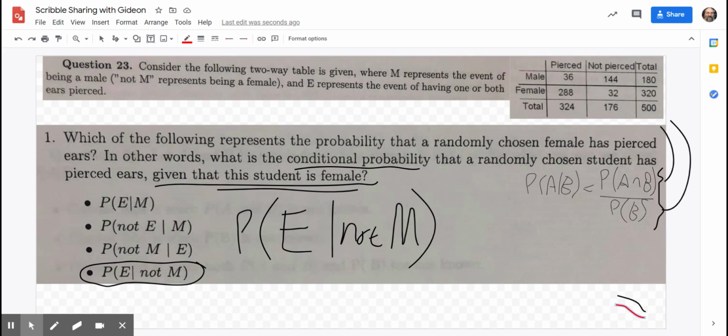This is actually the most common wrong answer. I'll strike it through in red. Be careful. Make sure the given goes where the given needs to be, which is the end. Why? Because it's the bottom of the fraction. Maybe that's why they invented the vertical line notation, a shorthand to remind you that you've got to divide by the B. That's my thinking.